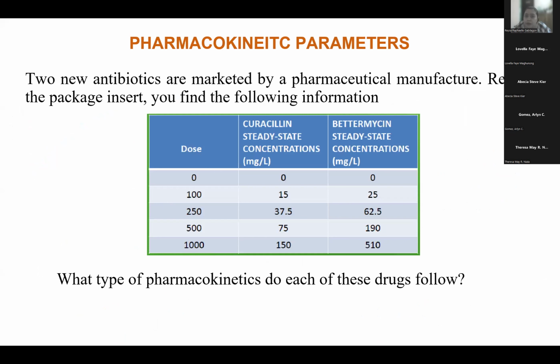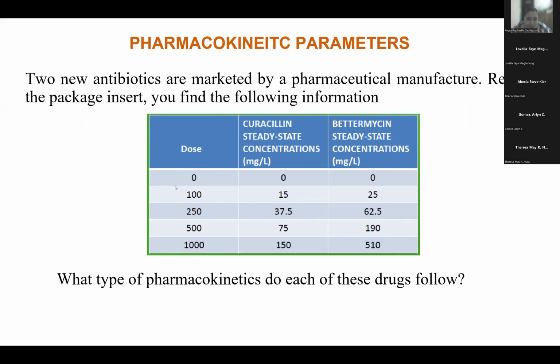Now, ito, we have here example, 2 new antibiotics are marketed by a pharmaceutical manufacturer. Reading the package insert, you find this information. So we have here the dose, the steady state concentration of the first antibiotic, that's curacilin, and the betamycin, that's the second one.